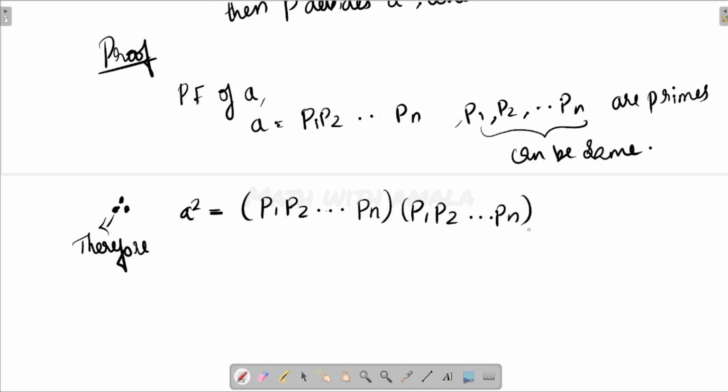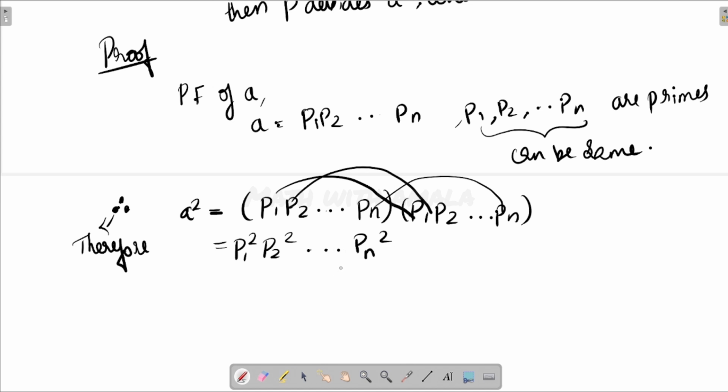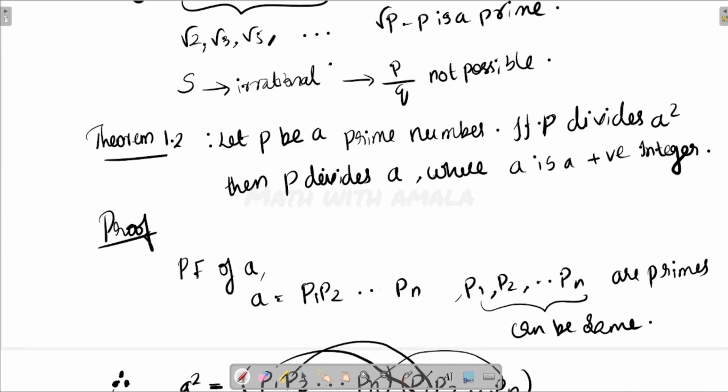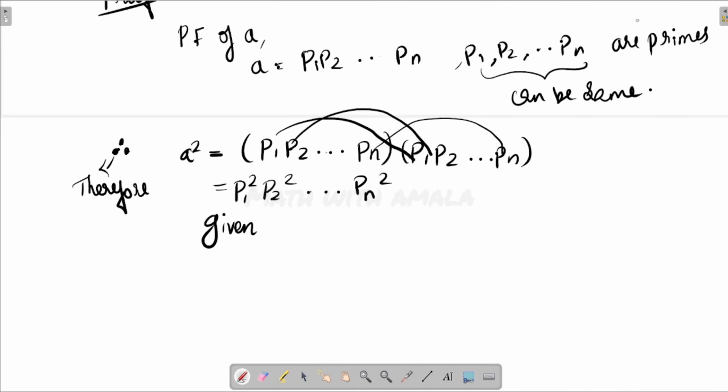Let's take a square. We have written what a is. Then you will get p1, p2, etc. pn into p1, p2, etc. pn, which means we can multiply the p1s together. You will get p1 square, p2s together, p2 square, and pn's together, pn square. Which means you are getting two numbers multiplied together resulting in its squaring.